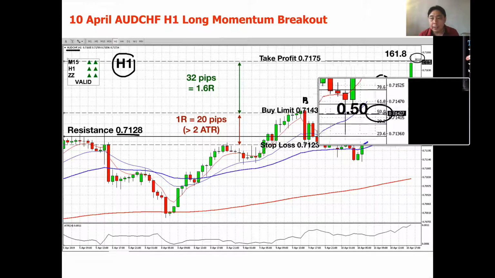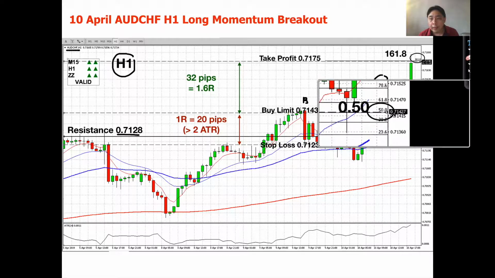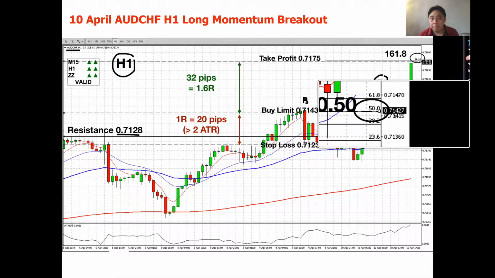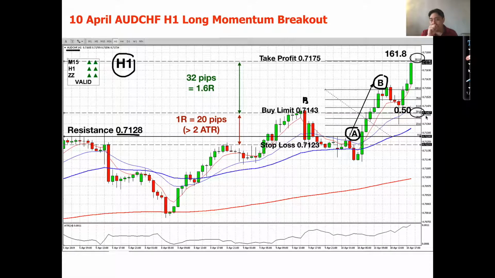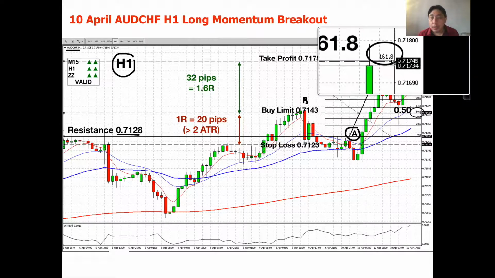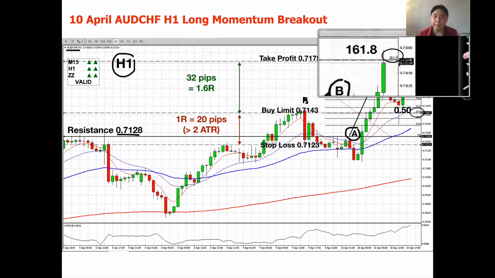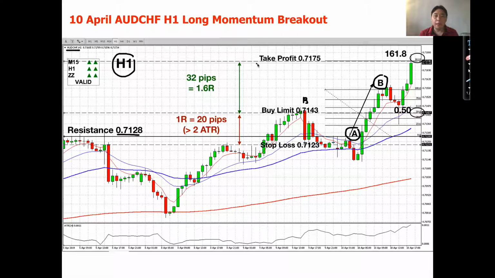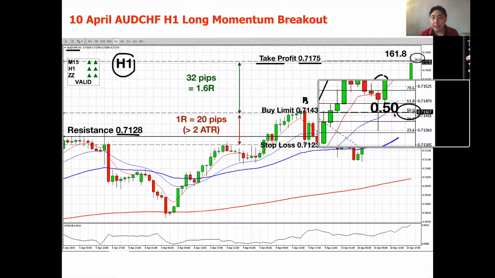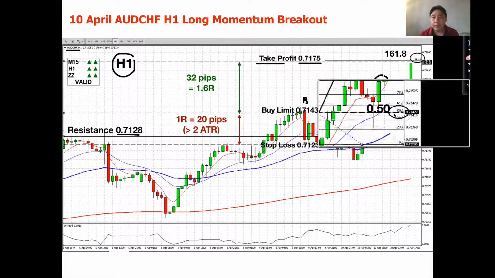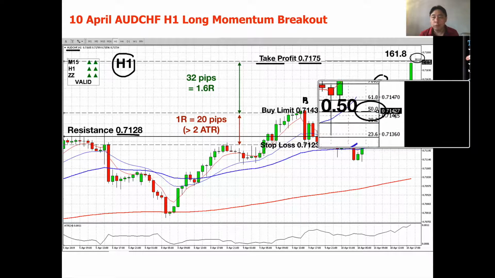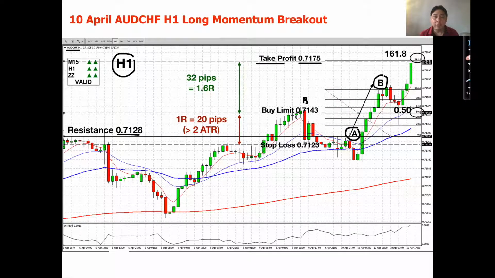First level is the 50% level at 7142, and the 161.8 level, which is 7174.5. So this would be my profit target at 7175, and my buy entry would be at 7142.7. So I rounded it to 7143.